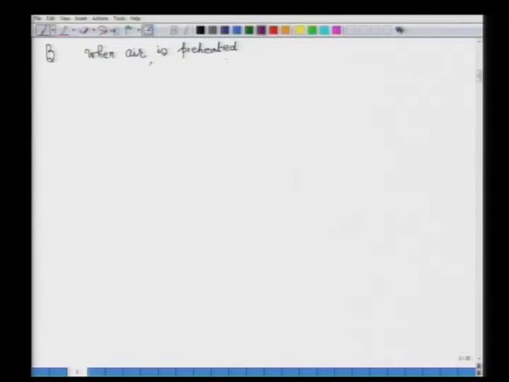For that I am making one assumption, that coal does not contain nitrogen. On that basis, if I do a nitrogen balance, then nitrogen from air is equal to nitrogen in POC.